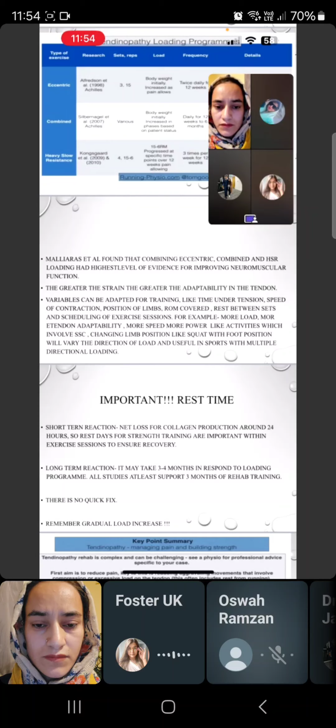So variables can be adapted for training, like time under tension, how much the time exposure is, speed of contraction, position of the limbs, range of movement that's going to be covered. Rest is important, rest between sets and scheduling the exercise sessions, for example. More load, more tendon adaptability, more speed, more power.